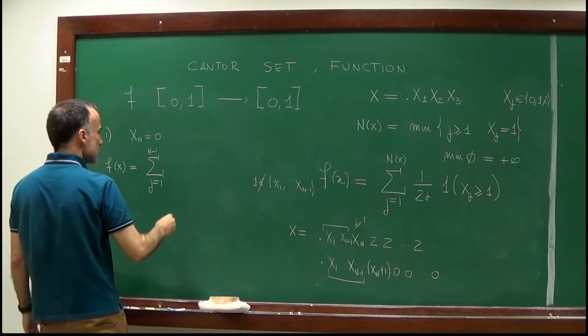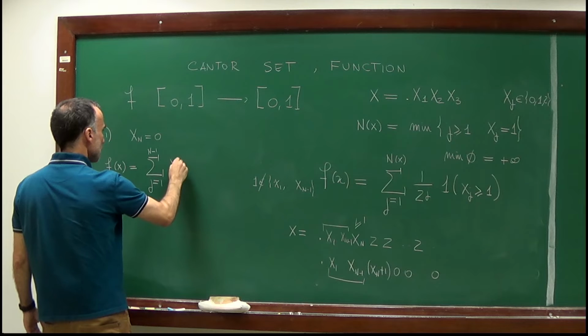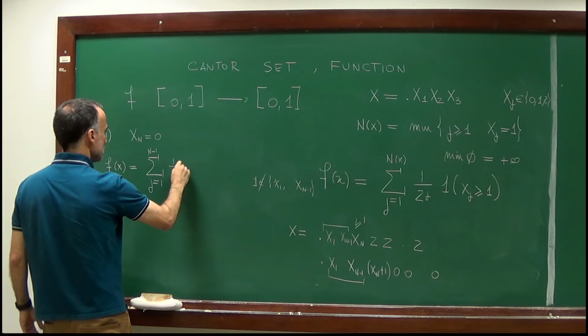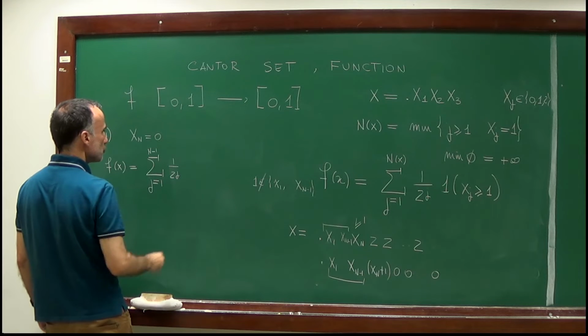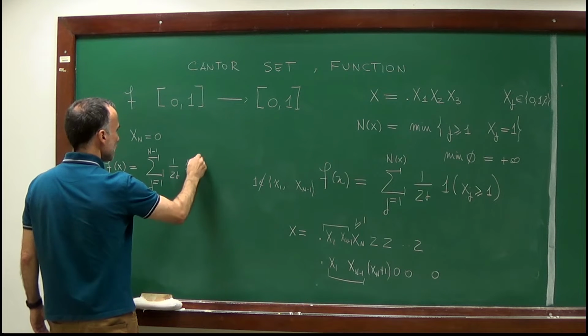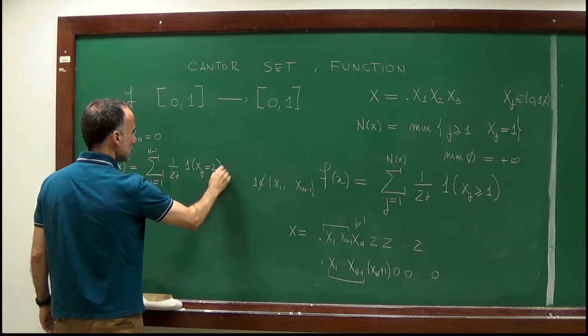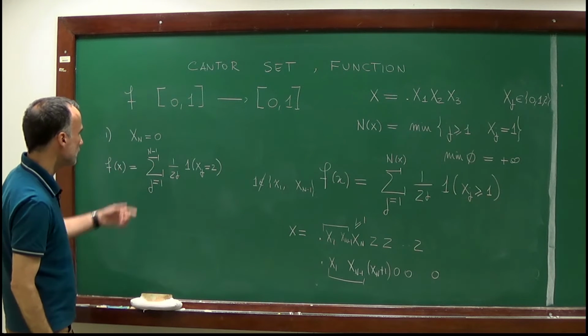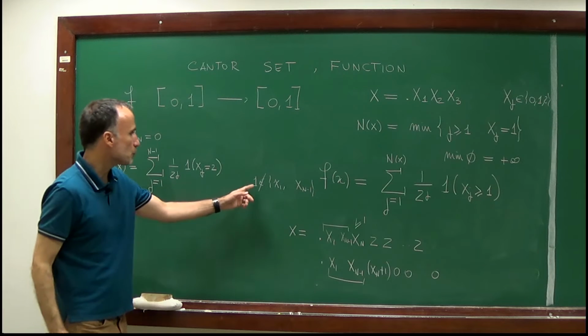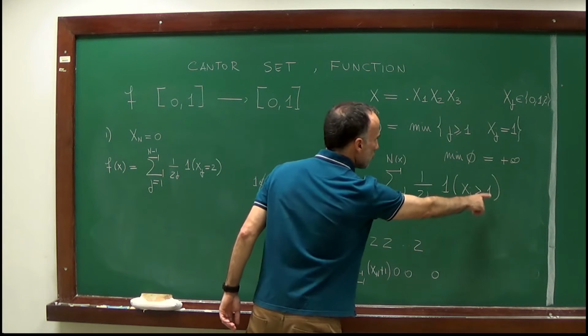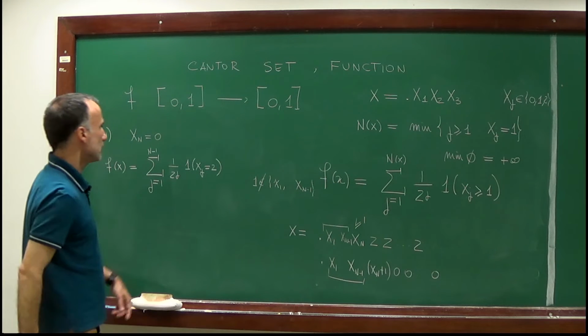All these digits are 0 or 2. Okay, so this is 1 over 2 to the j, if xj is equal to 2. Why? Because it's not equal to 1. We assume that 1 doesn't belong. So to be larger or equal to 1 is the same as to be equal to 2.